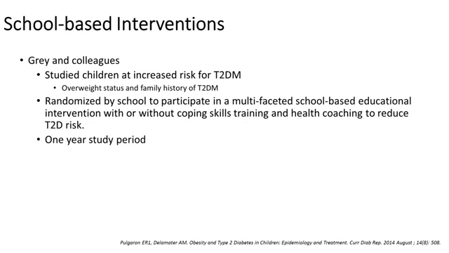I'm going to quickly just refer to the 2 studies, one by Gray, which looked at type 2 diabetes in children, and they did a randomized school-based trial to allow kids to participate in multifaceted school-based education that included coping skills training and health coaching to reduce the risk for type 2 diabetes.